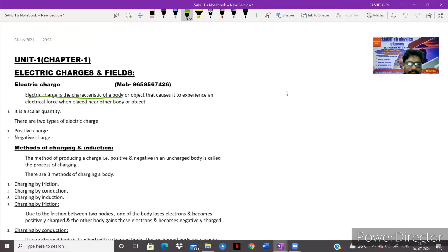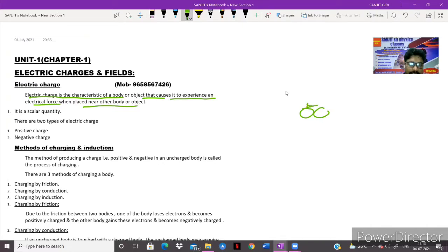is the characteristic of a body or object that causes it to experience an electrical force when placed near another body or object. This is one body and this is another body.